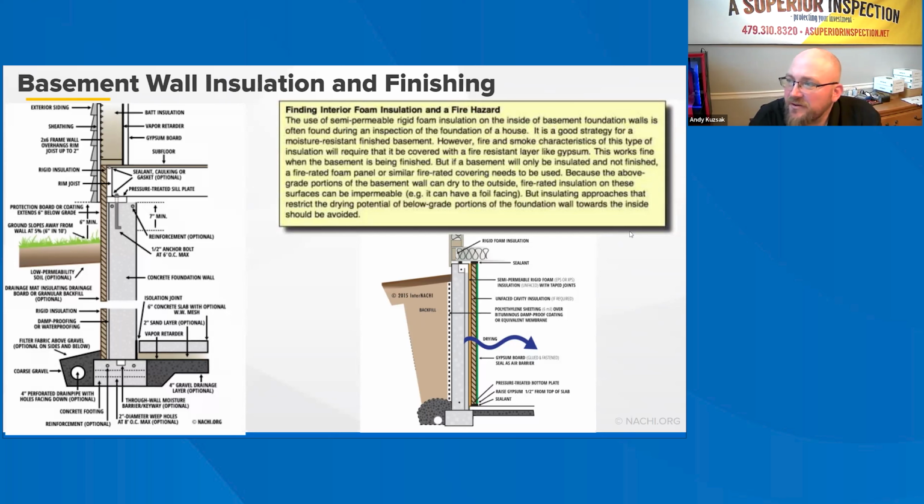Basement wall finishes face unique moisture challenges. Approaches for insulating and finishing basement spaces vary depending on whether the construction is new or existing and whether the basement is only being insulated but not finished. Existing basements have limited options for exterior foundation insulation.